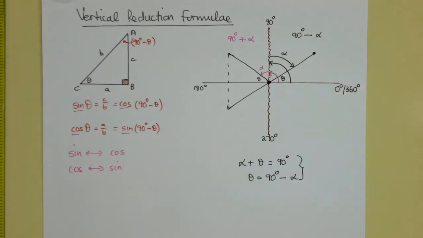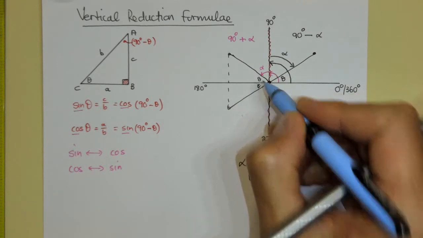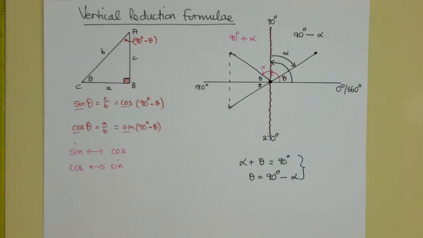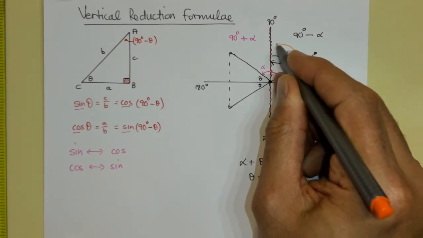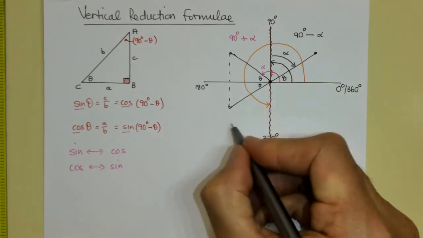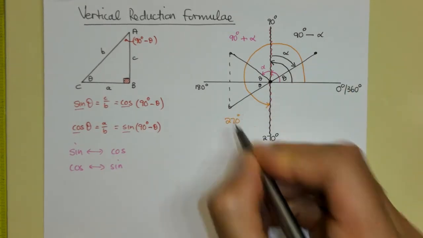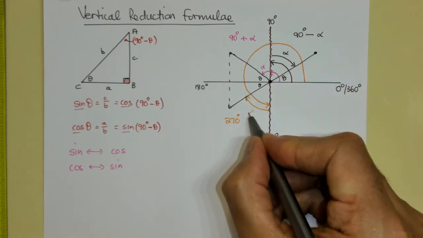First of all, my same idea brings a theta in at that point. But because I'm bouncing off the vertical line, I'm going to express this as going all the way around, going to 270 degrees. I went clockwise and then I bounced back alpha.